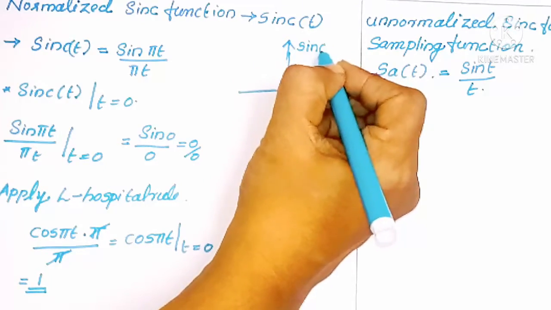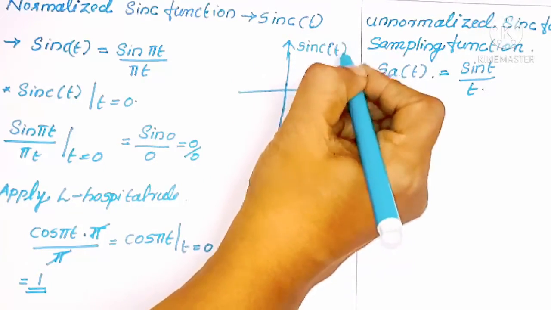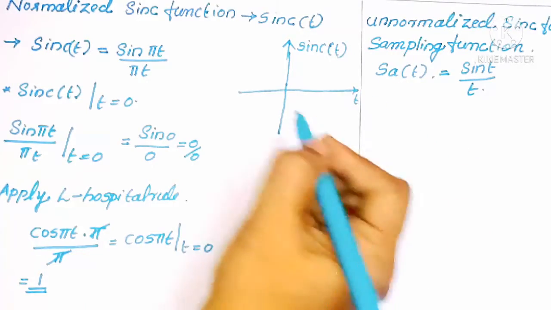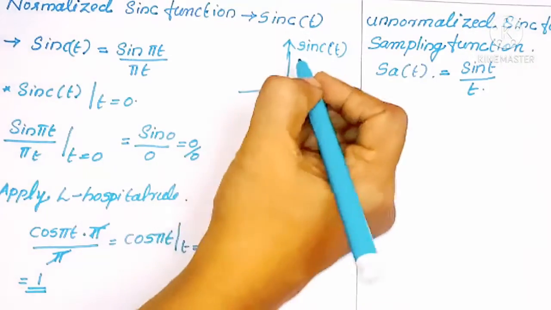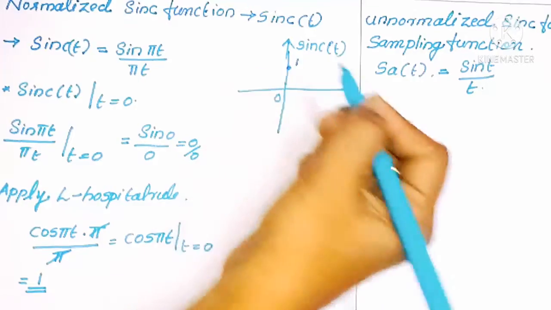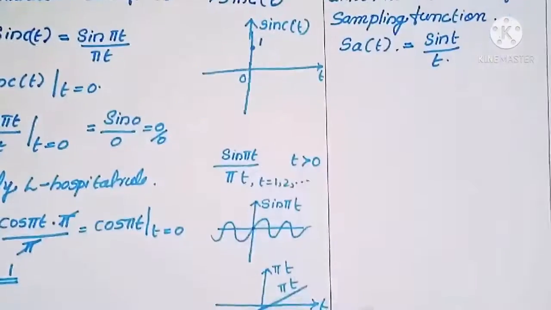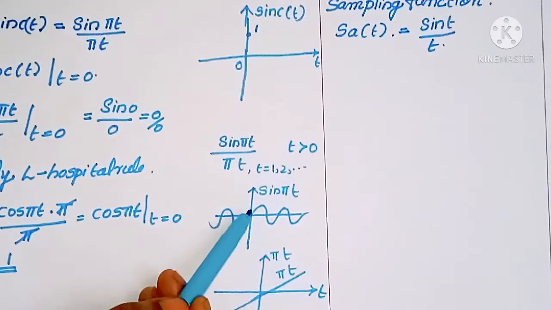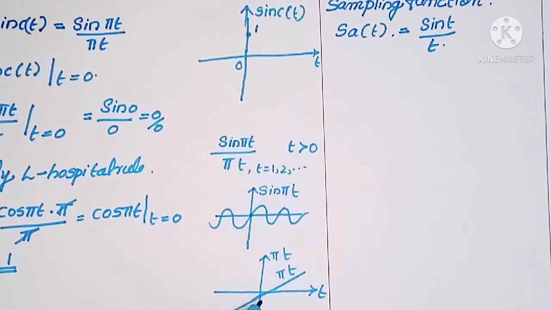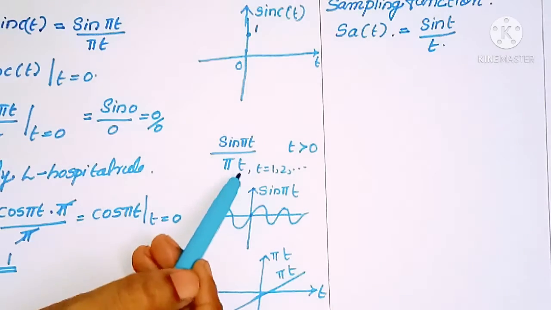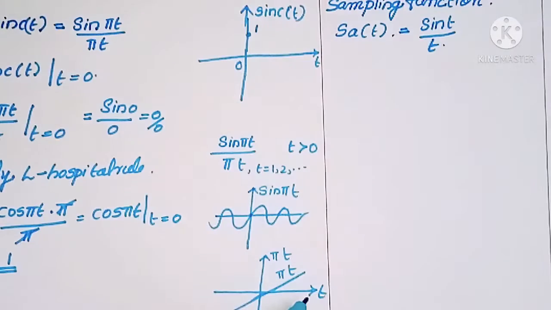This is sinc of t. This is t. Here we get at t equal to 0, sinc of t becomes 1. To draw this graph, we can consider two plots. This is our sine graph, that means a sinusoidal signal. This is also our denominator function pi t.